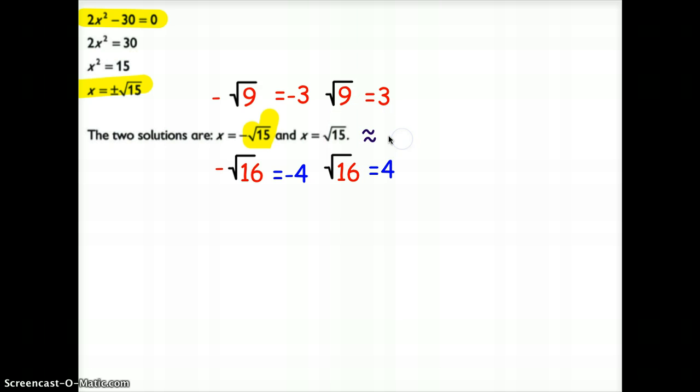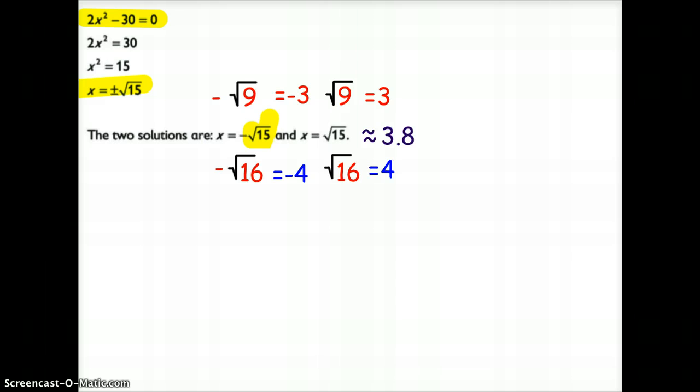So approximately 3.8. Let's guess. Again, farther away from 3, closer to 4, because 15 is a lot closer to 16 than it is to 9. So I can approximate positive 3.8 and negative 3.8. Okay, again, I don't know the exact answer.